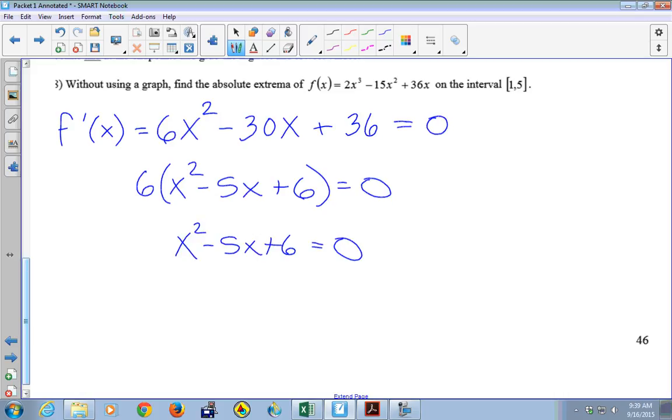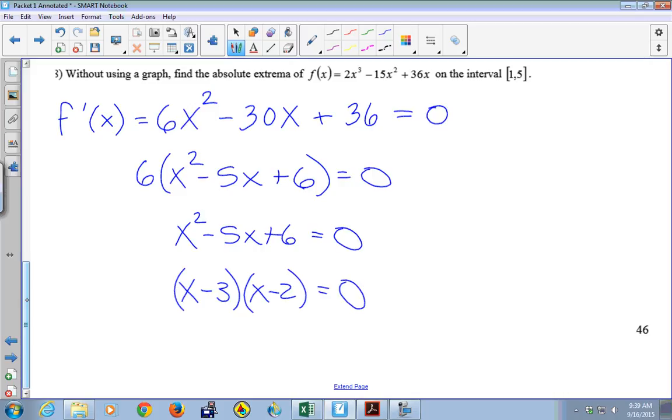And then x squared minus 5x plus 6 factors to x minus 3, x minus 2. So x equals 2 and 3 are two x values where the derivative is 0.